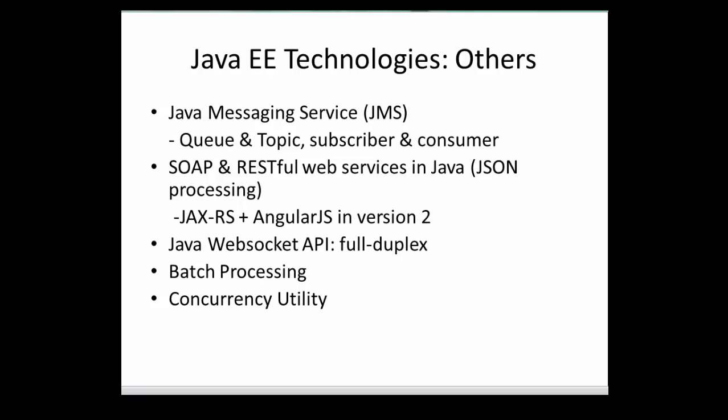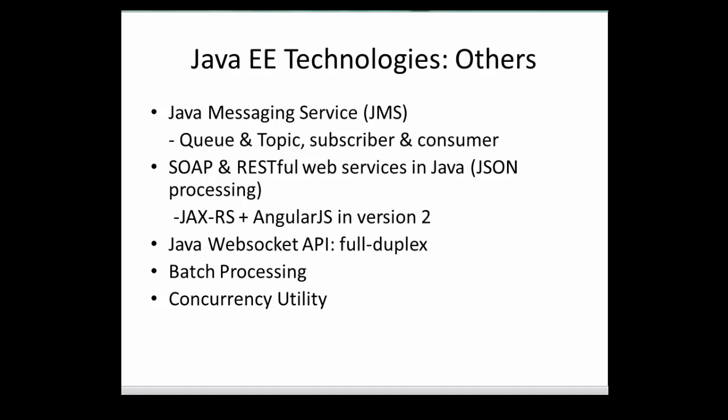Then we have SOAP and RESTful web services in Java. We're dealing with JSON. JSON is a new thing everywhere. It is the data exchange format for the new modern web applications people are building these days. They expose JSON to people, Twitter, Facebook, and all that. So I will teach you about RESTful web services and SOAP.